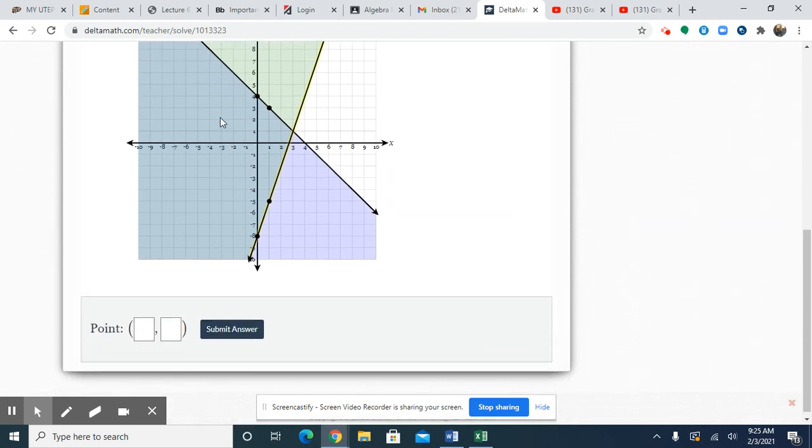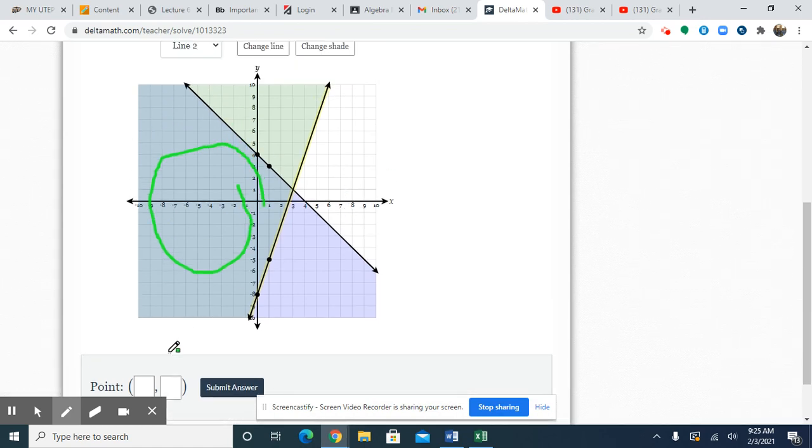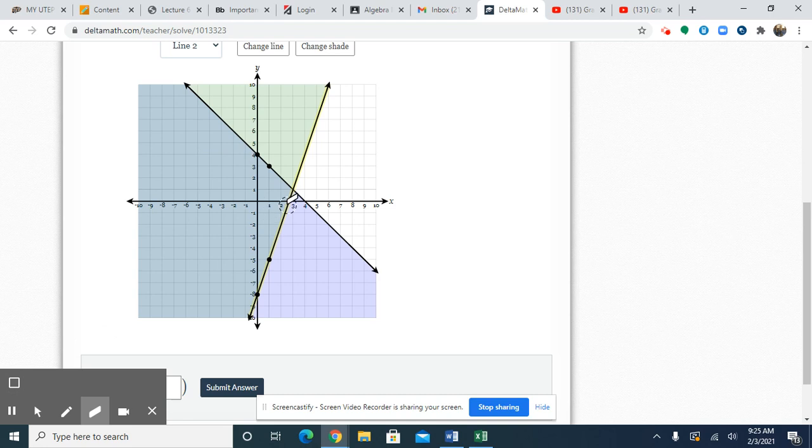Now that we've done this, you can pick out any point that you want that falls within this region that is a solution to both equations. So I can literally pick whatever point I want from here. And let's just say I'm going to pick this one right here. -3 and 2.